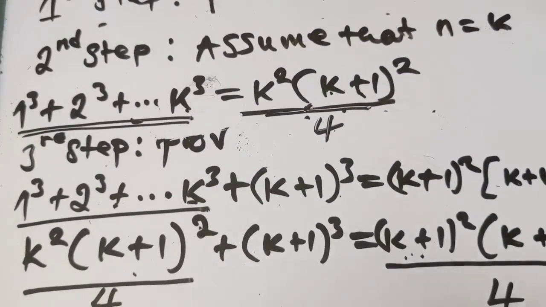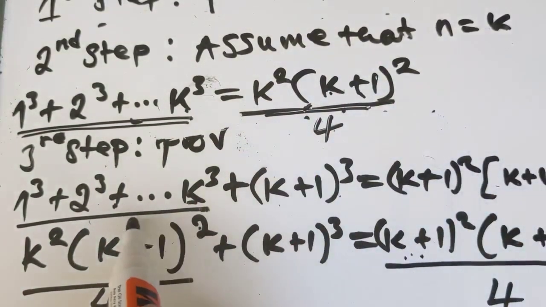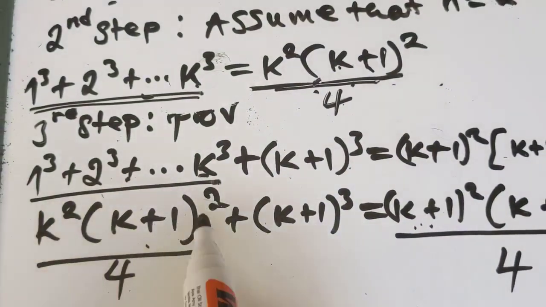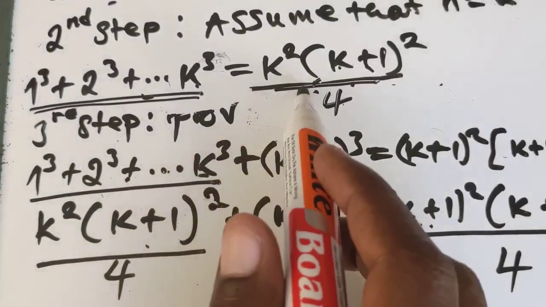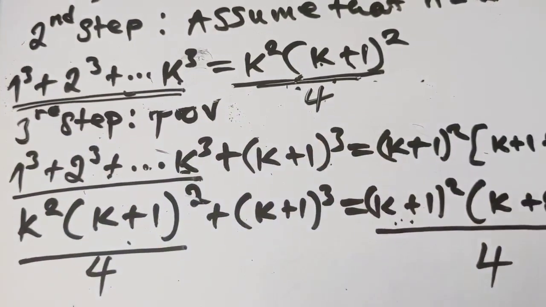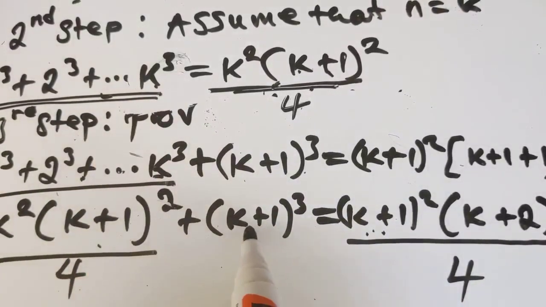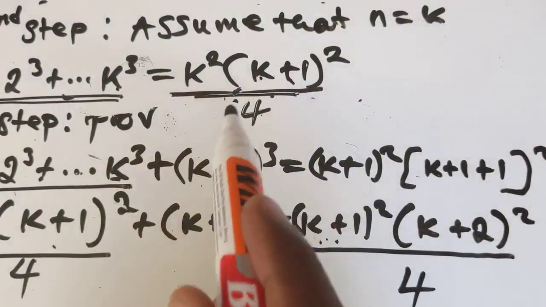So I just said that this part is equal to that part. So I just copied this part and had to put it right here, since it is equal to this. So this one, I just put over 4 like that. Then, after copying from here by adding k plus 1, this is the whole thing here.